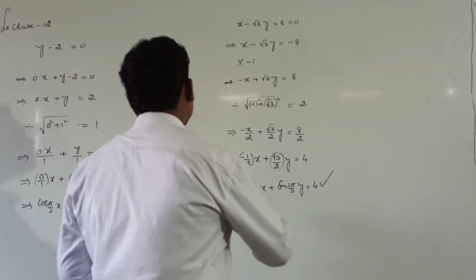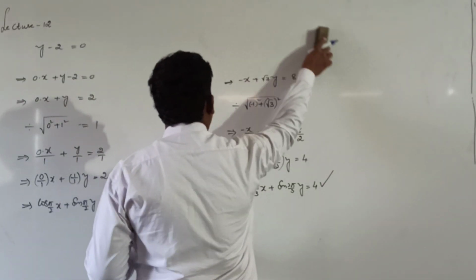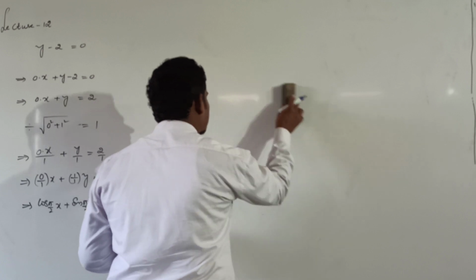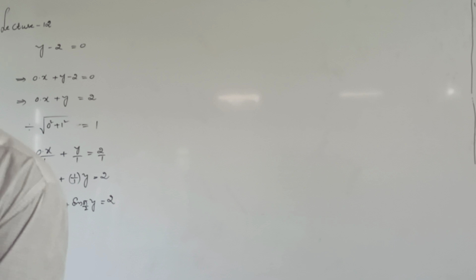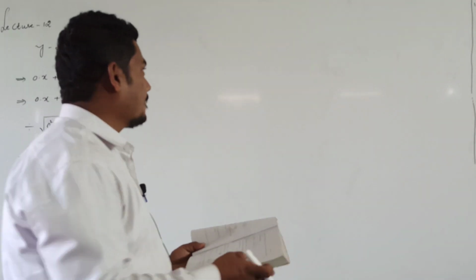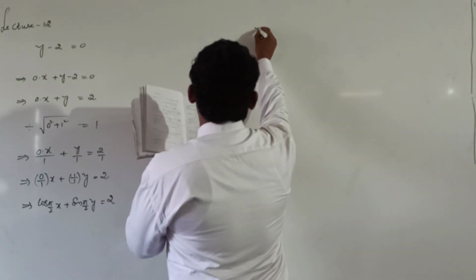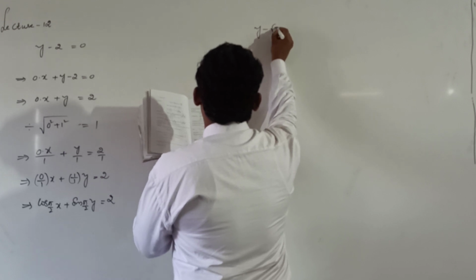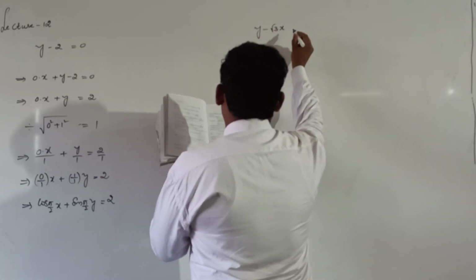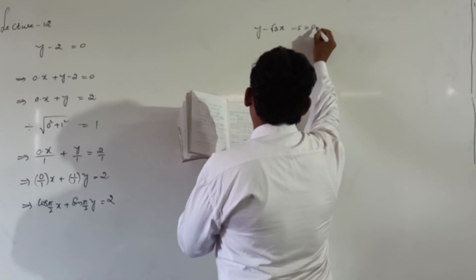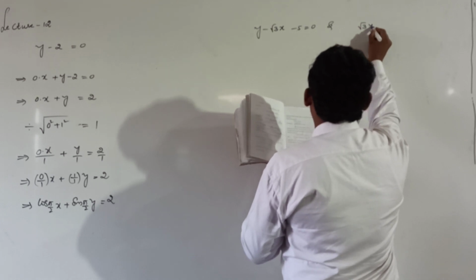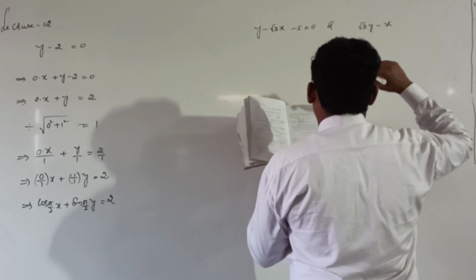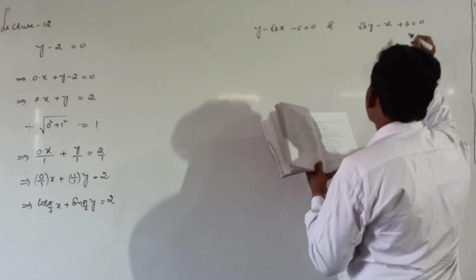Next, find the angle between the lines. Find the angle between the lines y minus root 3 into x minus 5 equal to 0 and root 3y minus x plus 6 equal to 0.